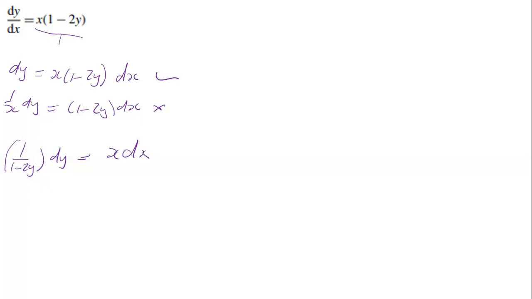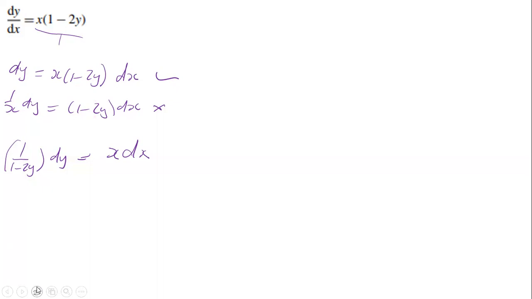It does not matter which technique works, as long as you know all of these techniques and are able to spot whether they work or not. Apparently, separable can also work. Use separable and see if you get the same answer as when I use the linear method. But let's see if it's linear.